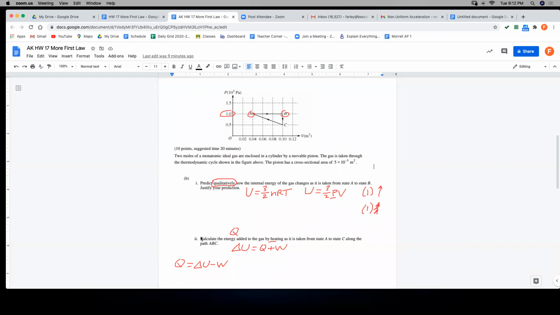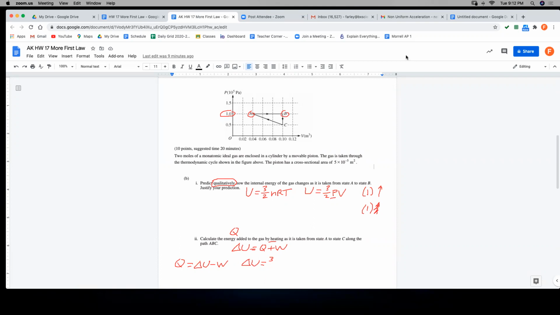So how do we find delta U? Well, let me think of it this way.